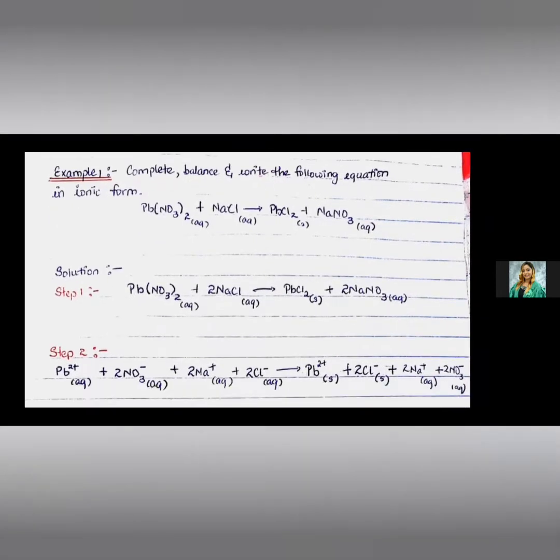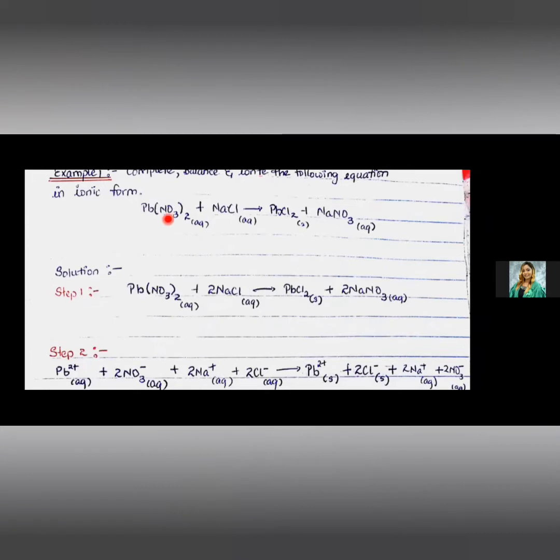So let's go with that. So the example: complete, balance, and write the following equation in an ionic form. So they gave me lead nitrate and they put in brackets AQ. Remember, AQ stands for aqueous. So that's an aqueous solution. Aqueous solution is when you have your solute dissolved in a solvent.